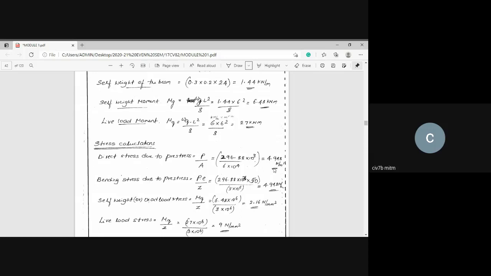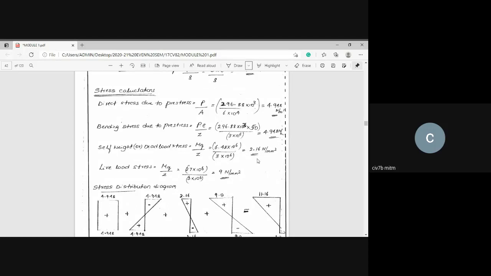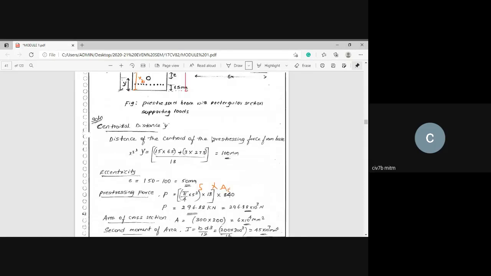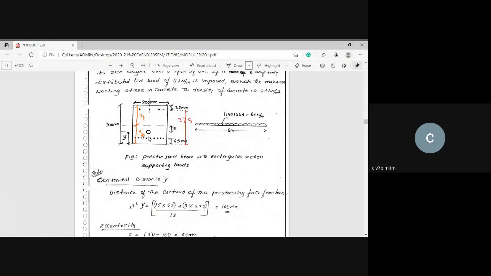Please check the answer. Next, since it is eccentrically pre-stressed, that means the cable which is placed, or the pre-stressing force is induced, away from the centroidal axis, it is called eccentric pre-stressing.